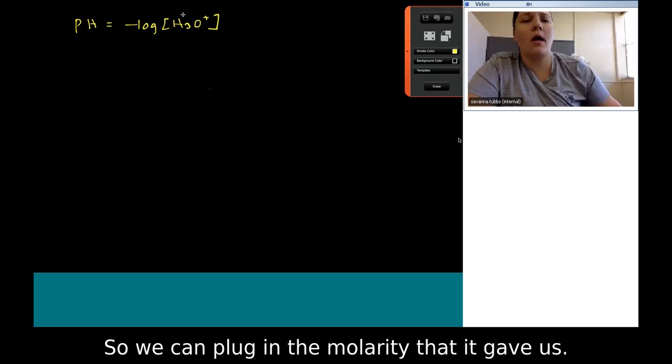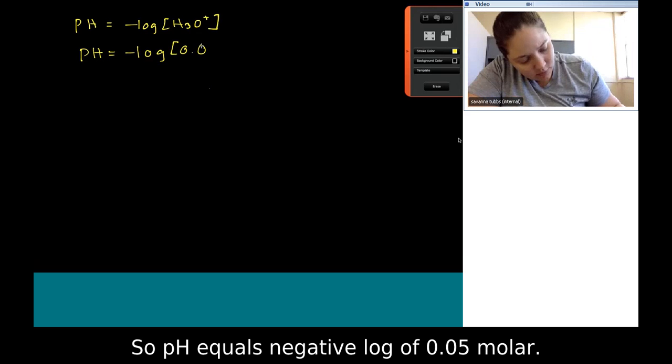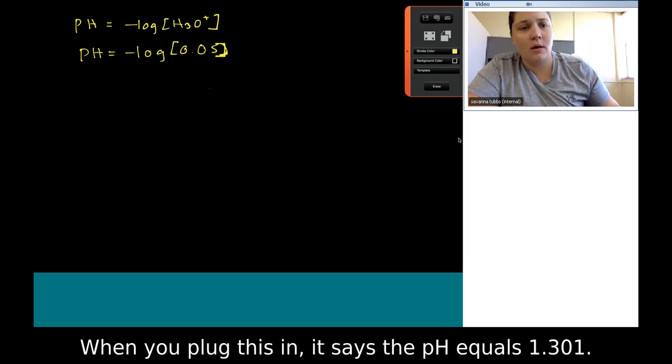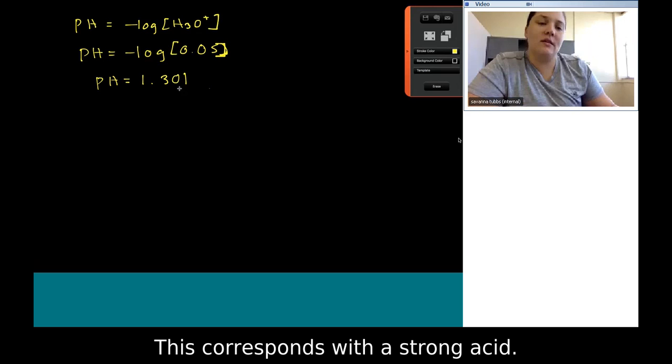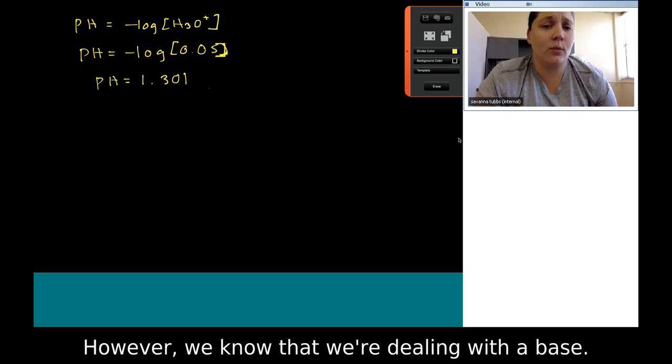So we can plug in the molarity that it gave us. So pH equals negative log of 0.05 molar. When we plug this in, it says the pH equals 1.301. This corresponds with a strong acid. However, we know that we're dealing with a base.